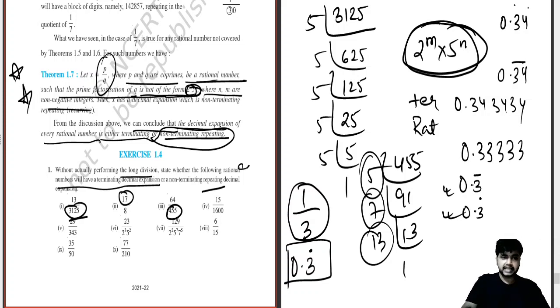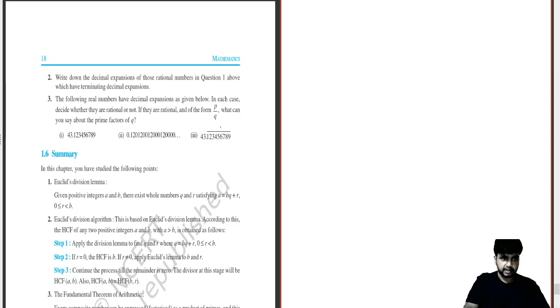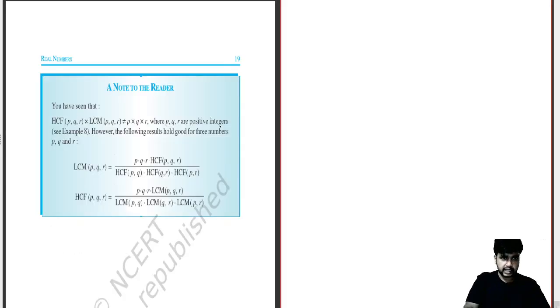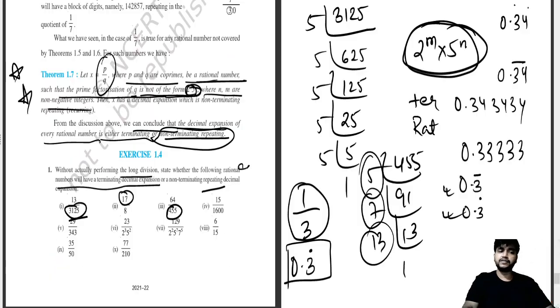I think R.S. Agarwal, NCERT gives you MCQ in the end? No, they don't give you MCQ. R.S. Agarwal gives you MCQs over here, so you should look into R.S. Agarwal for these MCQs. This question will be mandatory there: non-terminating numbers are always rational numbers, true, false, maybe, none of these. So you can solve all these by looking into the denominators.